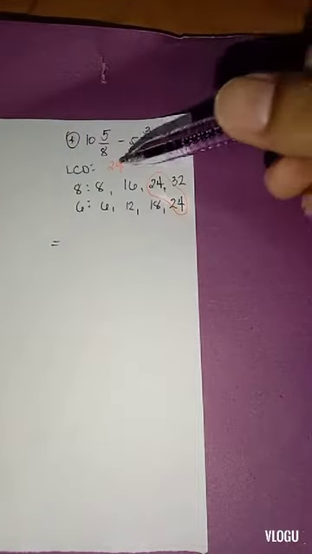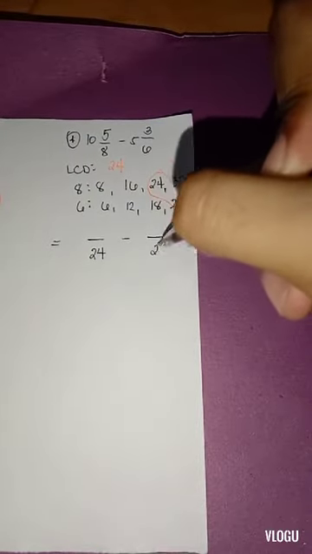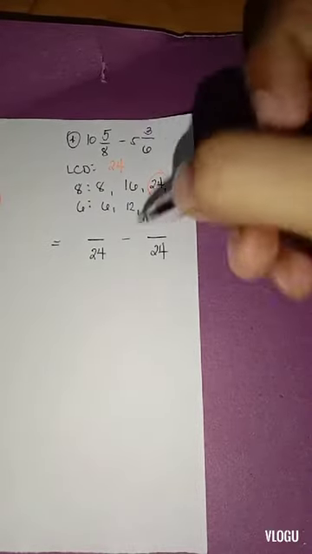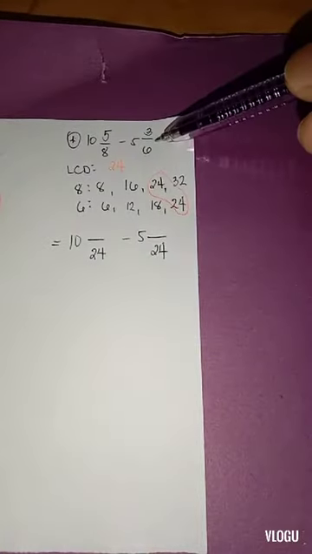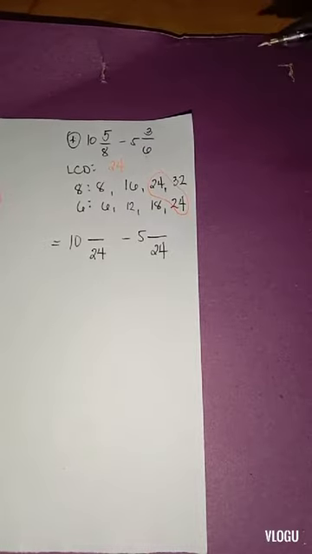Next, so magiging ang mangyari, ito na yung ating magiging bagong denominator. So 24 minus 24. And then copy the whole number 5 and 10. So mapapansin nyo, kinopya ko lang. And then pinalitan ko lang ng 24 itong ating denominator.